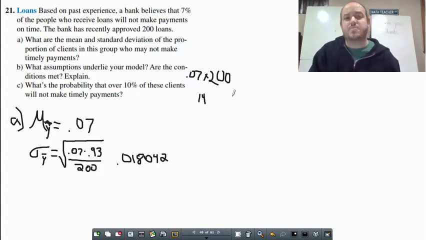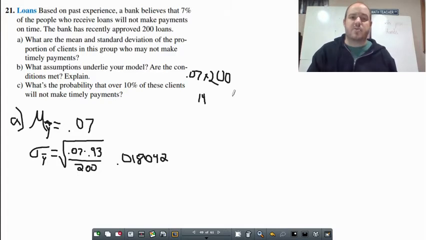So it does pass the success-fail condition. Out of these, yes, the success-fail is met. We believe the other two are met, the 10% and the large enough sample. The only one that would be a little iffy is the randomization, and you could just say it could be met, it could not be met. We're not certain on the randomization condition.